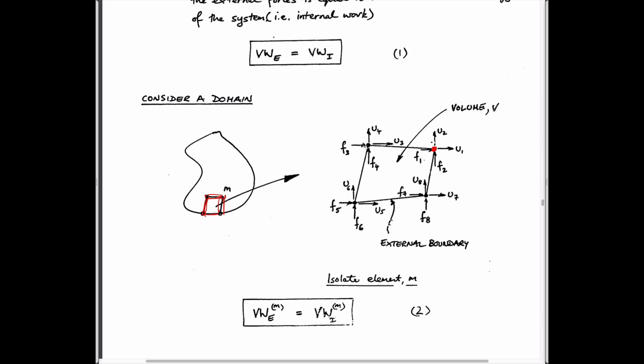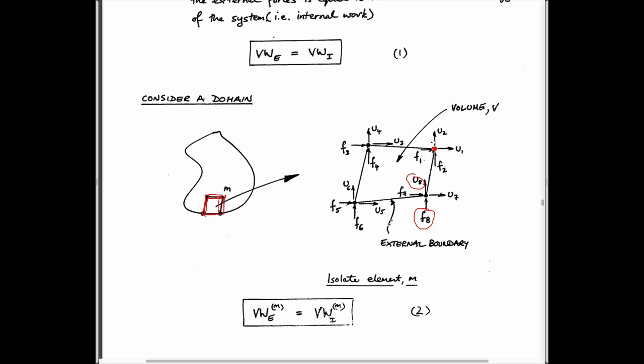If we have 4 nodes on the element, there would be a total of 8 displacements, this one here, and 8 forces. Where we developed our expressions before to describe behavior by the nodes, what we'll do now is that rather than describe it by the nodes, in which case the nodes have 2 displacement degrees of freedom and 2 force degrees of freedom, we'll number these by the degree of freedom.